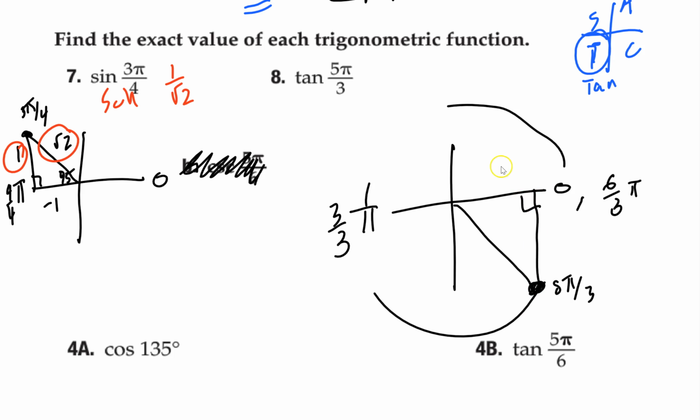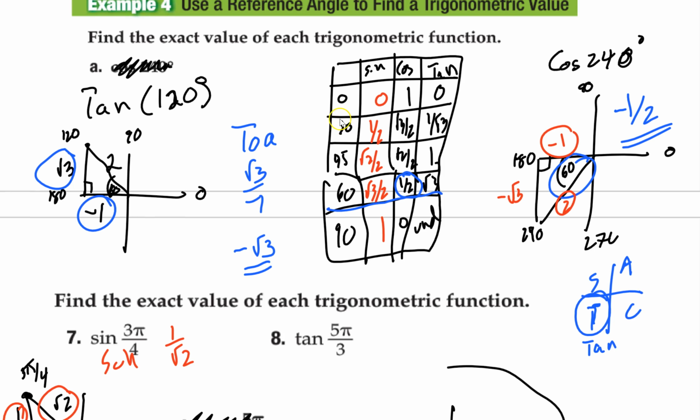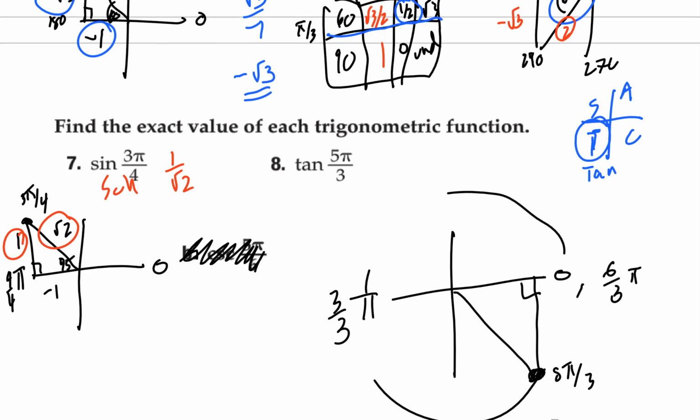If I'm doing this the chart way, pi over 3 is right here. So tan would be radical 3. Now all you gotta do is the positive or negative, right? All Students Take Calculus, only cosine's positive. So my tan here should be negative rad 3. That's the chart. Triangle, you have to memorize that pi over 3 is 60. You have to memorize that anyway.